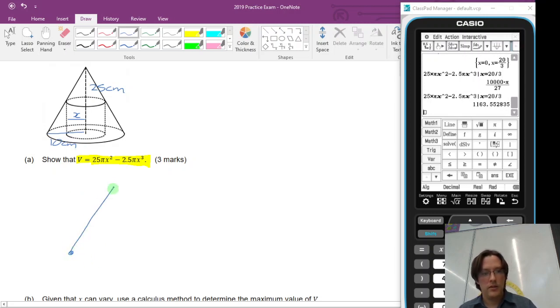But what we can do is cut this off like that. We know that this is 10 and this is 25. And we're going to have a way to get the radius in here, or x is going to be in there. Now, this is going to be some percentage of this.